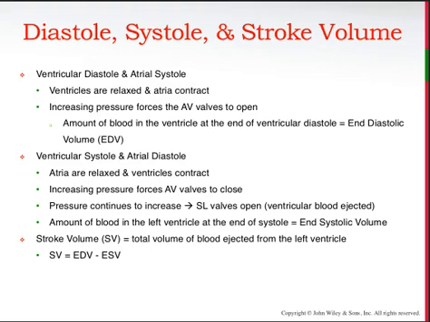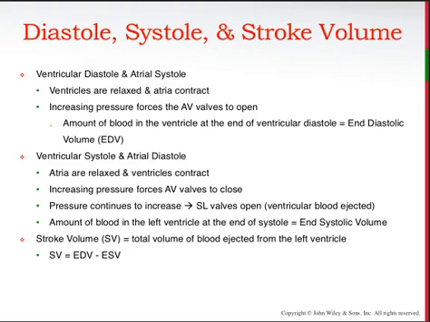Alternately, when we're in ventricular systole, we are also in atrial diastole. So as the atria are relaxed, the ventricles will contract. That's important because now I have an increasing blood pressure within the ventricles, and as the pressure increases, it forces the right and left AV valves, the tricuspid and the bicuspid valves, to close.